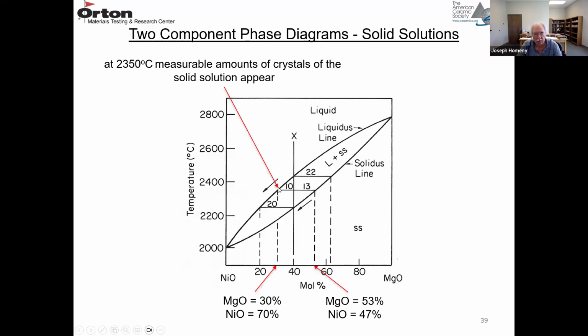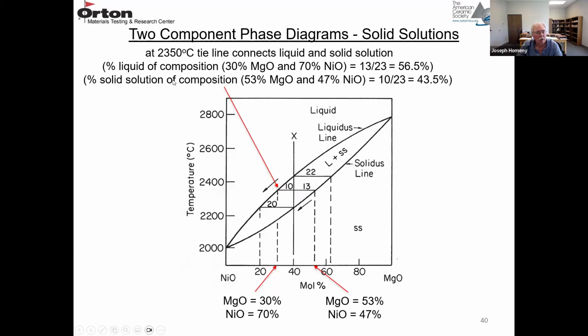So this is a liquid composition, and then this is the solid composition. And this is, again, a solid solution. So at this temperature, the tie line is connecting the liquid to the solid solution.